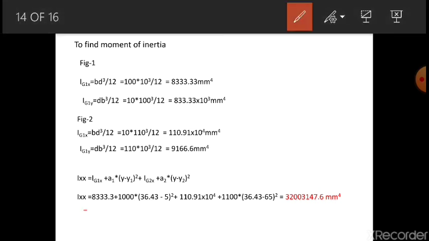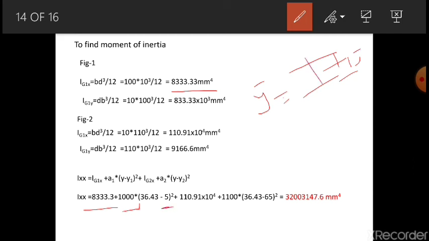This is the Ixx, into the area 1000. Then we have y bar, calculated in the center of gravity. The width is how much? It is 10, so half of it will be 5. So 5 is taken here in this case.